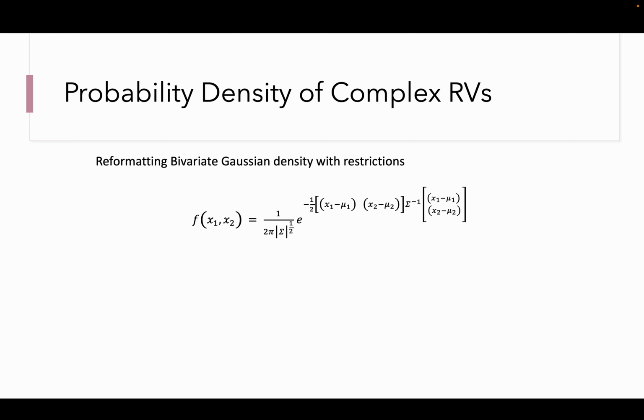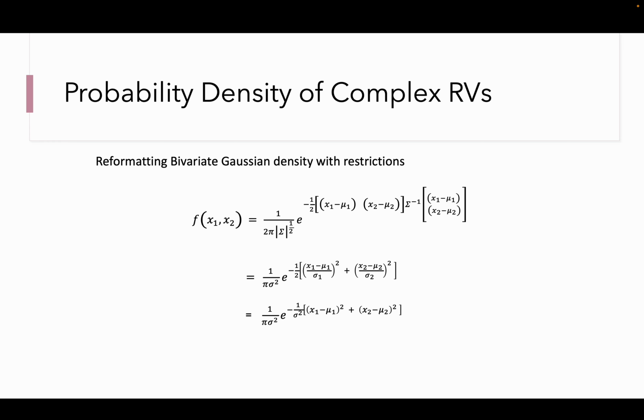Now putting those restrictions in the PDF of the Gaussian density, we get this expression, which is 1 by pi sigma square times the exponent of minus 1 by 2 times x1 minus mu1 divided by sigma 1 square plus x2 minus mu2 divided by sigma 2 square.